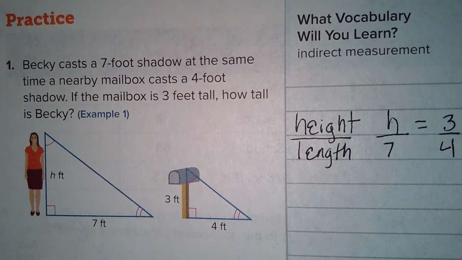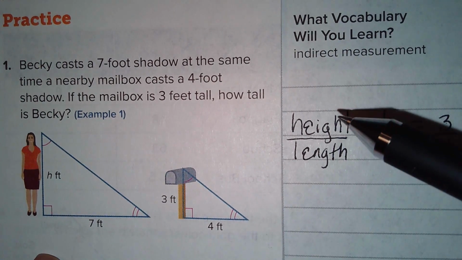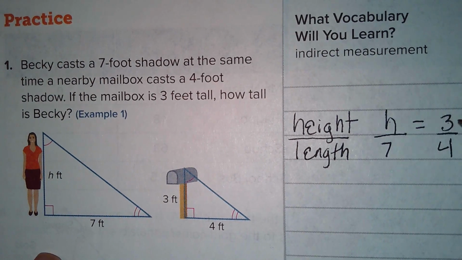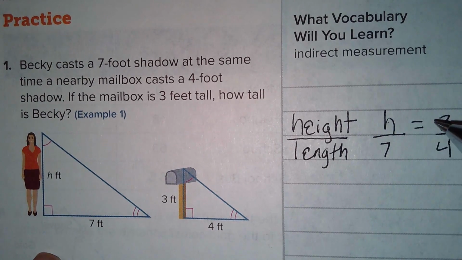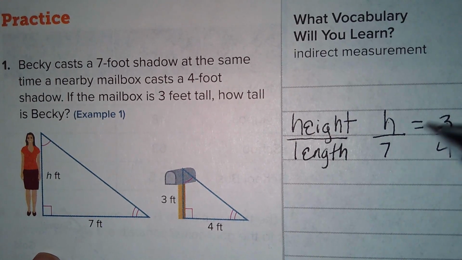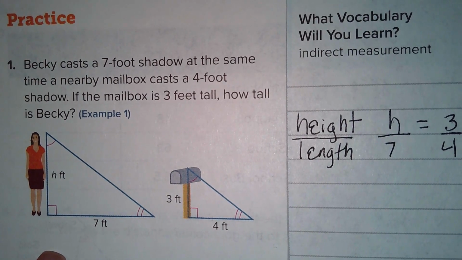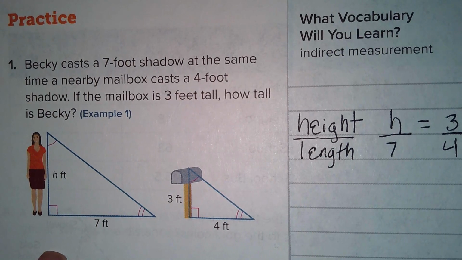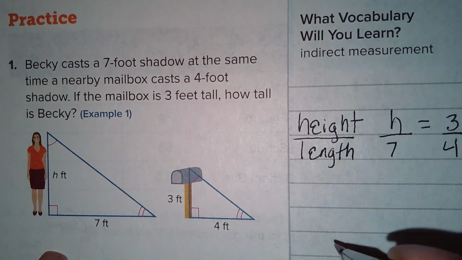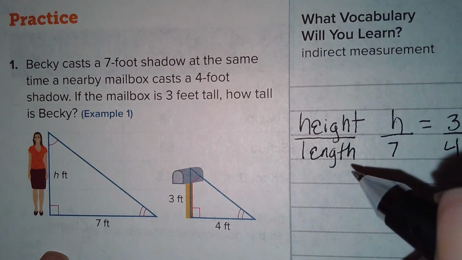So again, you want to make sure that you're consistent. If you're doing height up top, then from one fraction and the other fraction, you want to do height. There's another way that you can set this one up. I'll just do it to show you that either way we should come up with the same answer.